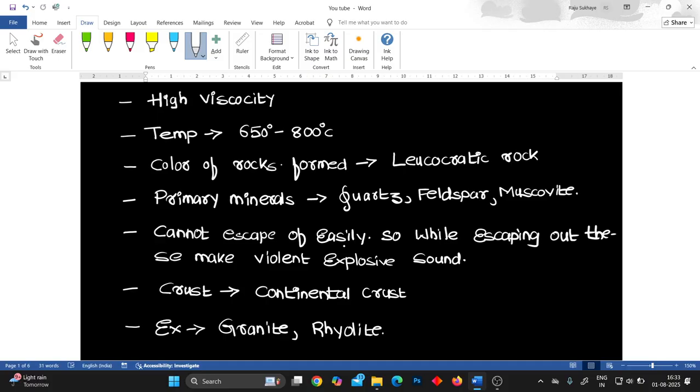So the gas builds up pressure inside, and due to it, it makes a violent explosive sound. Our crust has been divided into two types: one is the continental crust and one is the oceanic crust. Our continental crust is always formed from the acidic magma or felsic magma itself. Examples of rocks formed from acidic magma or felsic magma are granite and rhyolite.